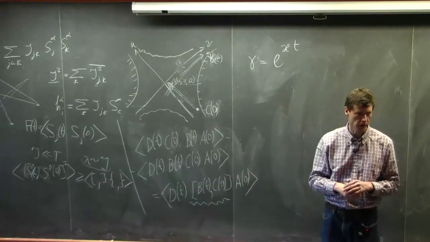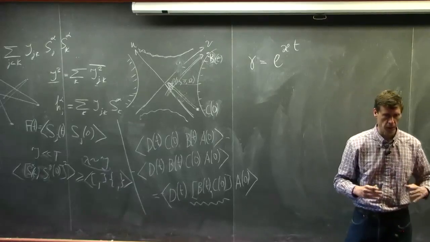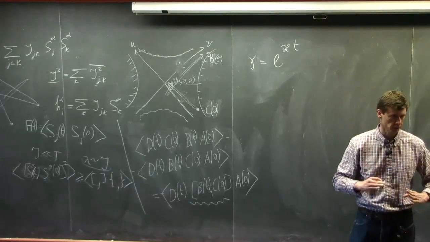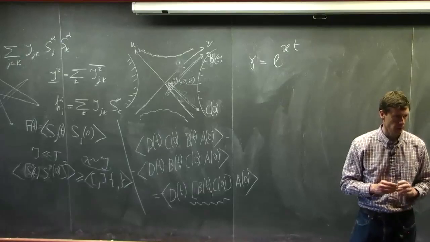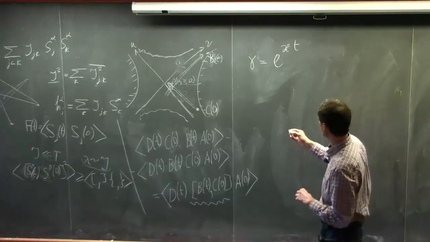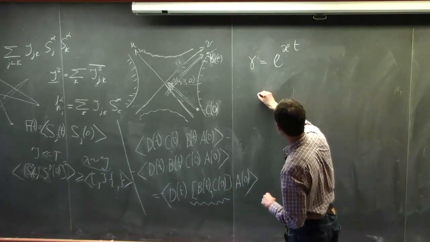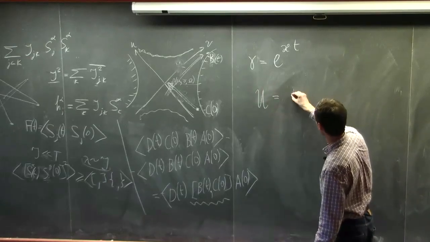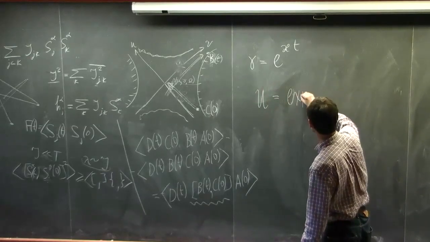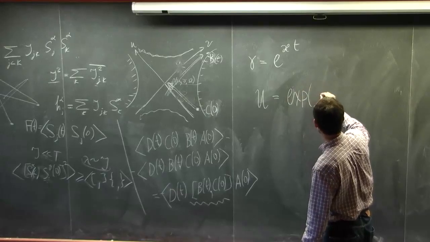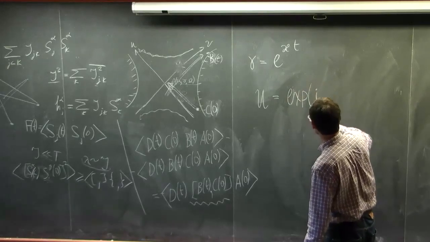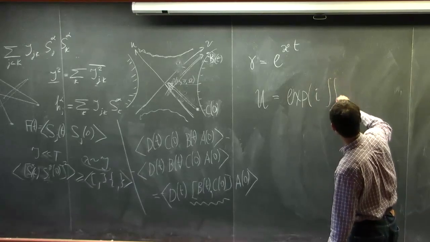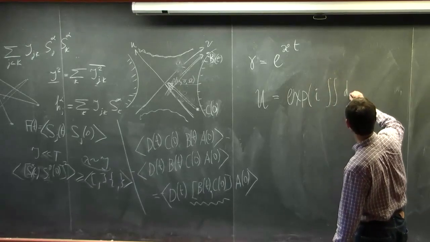I don't think it's a real S matrix, but it's some operator that describes interactions between incoming and outgoing modes. And it has this form. Let me use U, 't Hooft's U. And there will be a double integral.